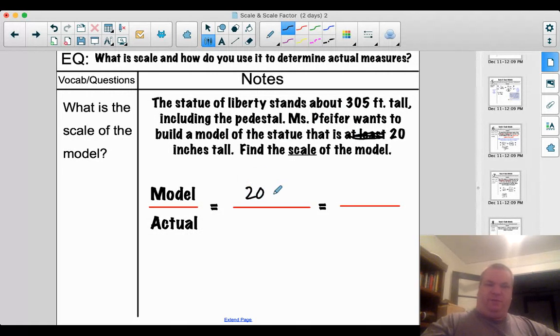So remember, model goes on top. And then the actual thing is 305 feet. Okay, so for the scale, remember we want to have a 1 on the top. That's going to be 1 inch. Is going to be a certain number of feet. Okay, so I'm going to have you pause that here, see what you come up with, and then you can unpause.